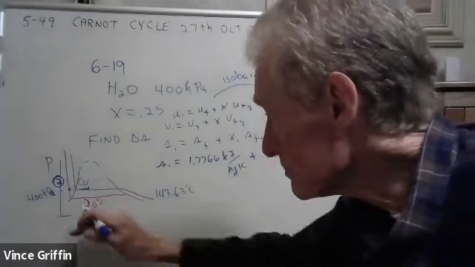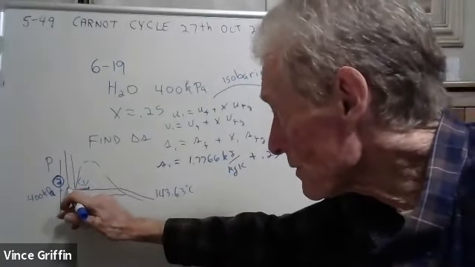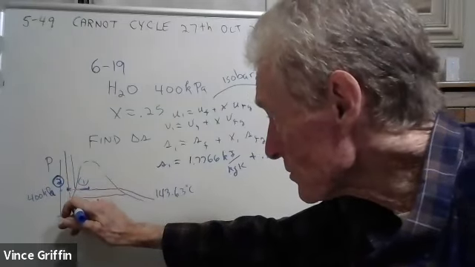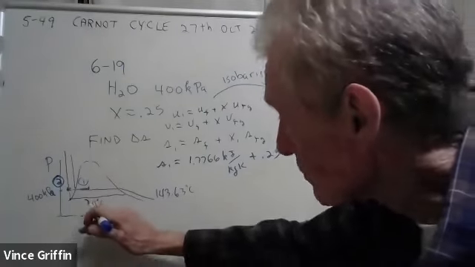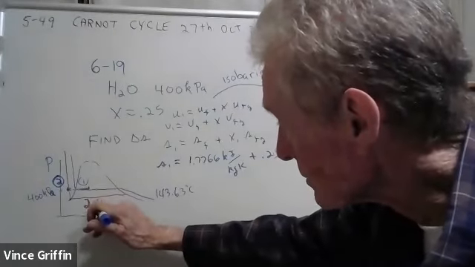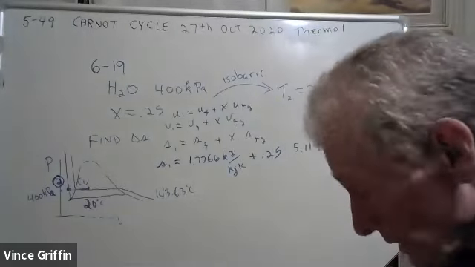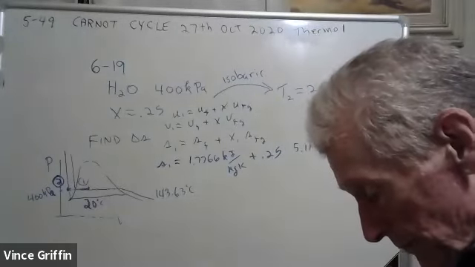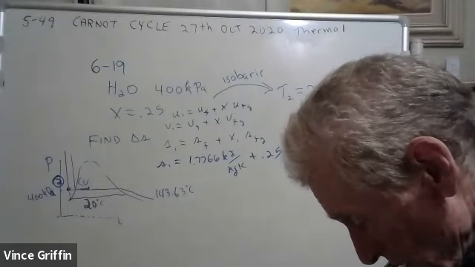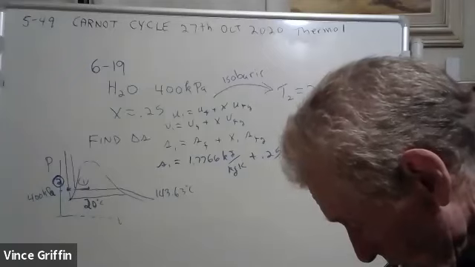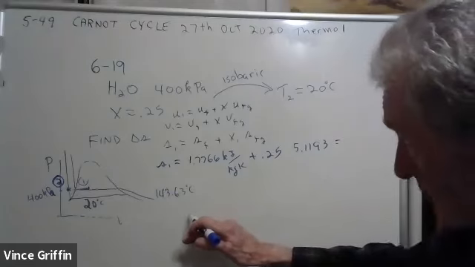Now, how are we going to get S2? Well, S2 should have the same specific entropy as the specific entropy at 20 degrees. That's 20 degrees right there. And at 20 degrees, we're going to have to shop around. At 20 degrees, the specific entropy is 0.2966 according to my tables there.